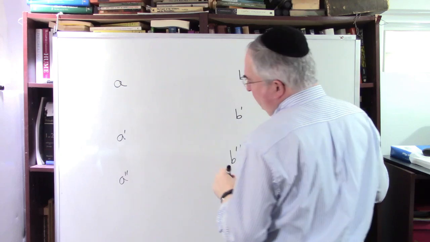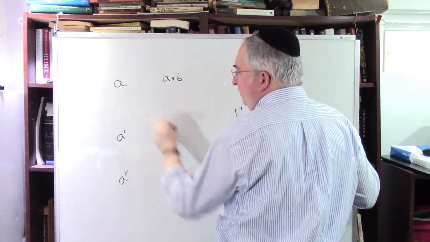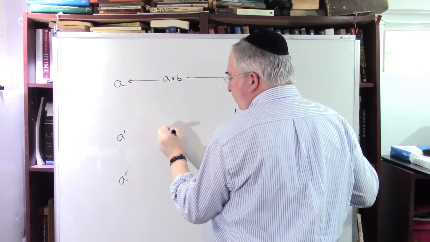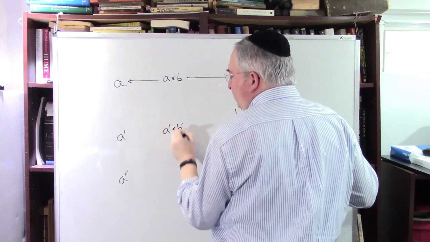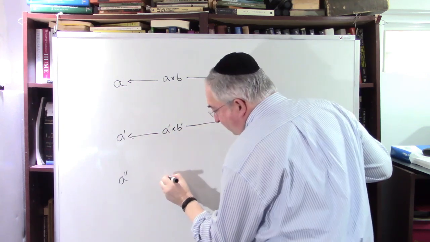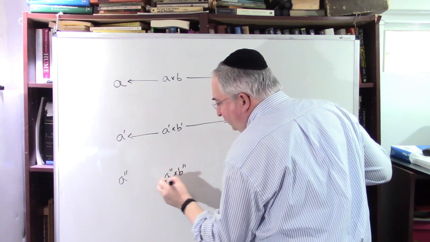And let's say your category is nice and it has products. So you have products, and you have projection functions, and you have a product here, and you have a projection function, and you have a product here, and you have a projection function.